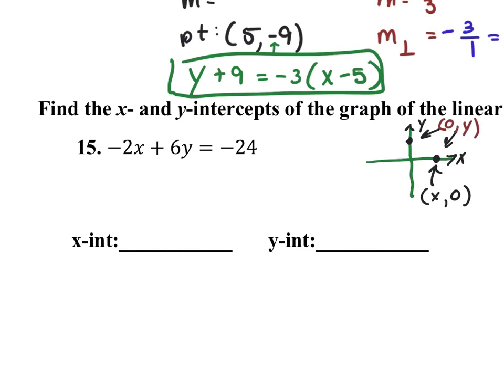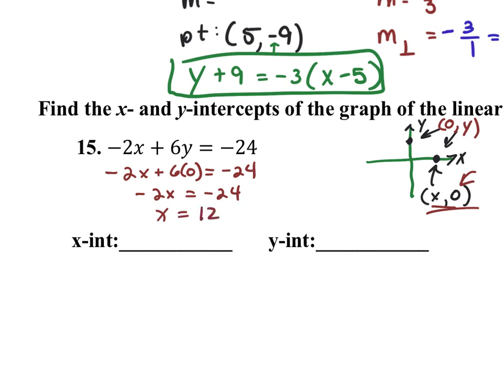The key thing is, if I want an x-intercept, all I have to do is make y 0, because that's what y is when I have an x-intercept. 6 times 0 is 0, so my x-intercept, negative divided by negative is positive, is going to be at, when x is 12 and y is 0.